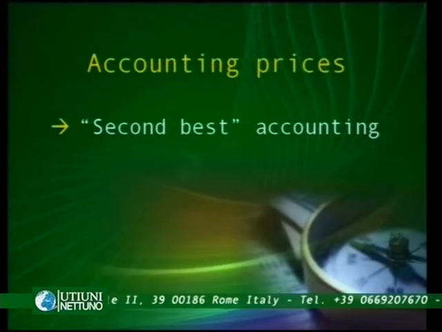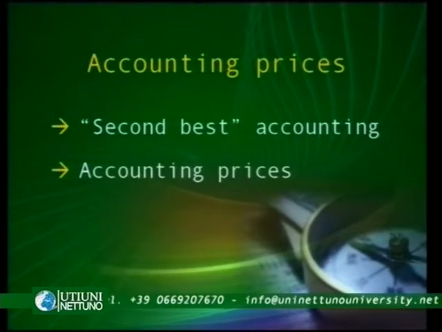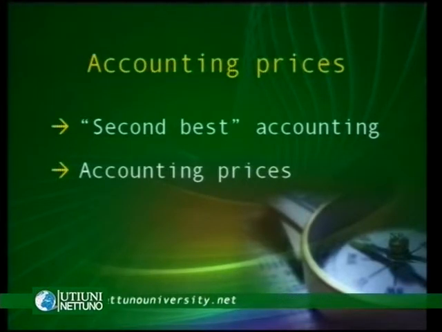These second-best accounting measures mean that we are referring to accounting prices, but these prices are corrected to account for the problem of market price distortions and externalities that we have seen in the previous classes. So in this context, we can define accounting prices as economic prices that are derived by means other than economic equilibrium models.